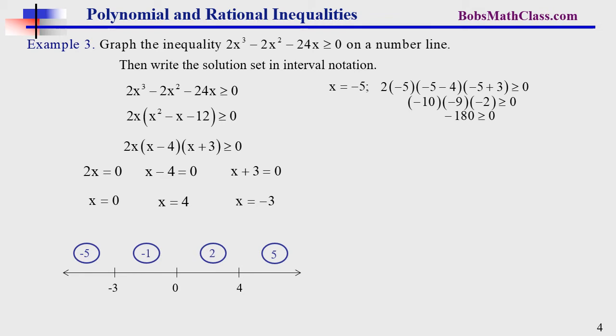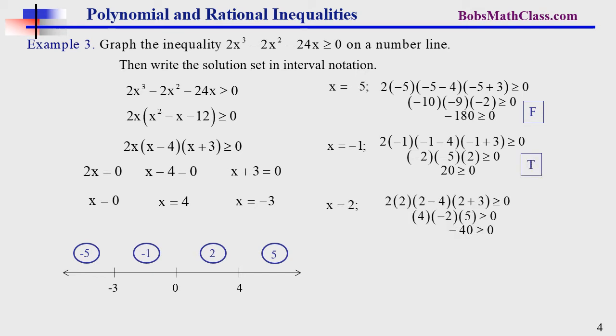All right, here's the first one. I got negative 180 greater than or equal to 0. That's a false. For negative 1, I got 20 greater than or equal to 0. That's true.